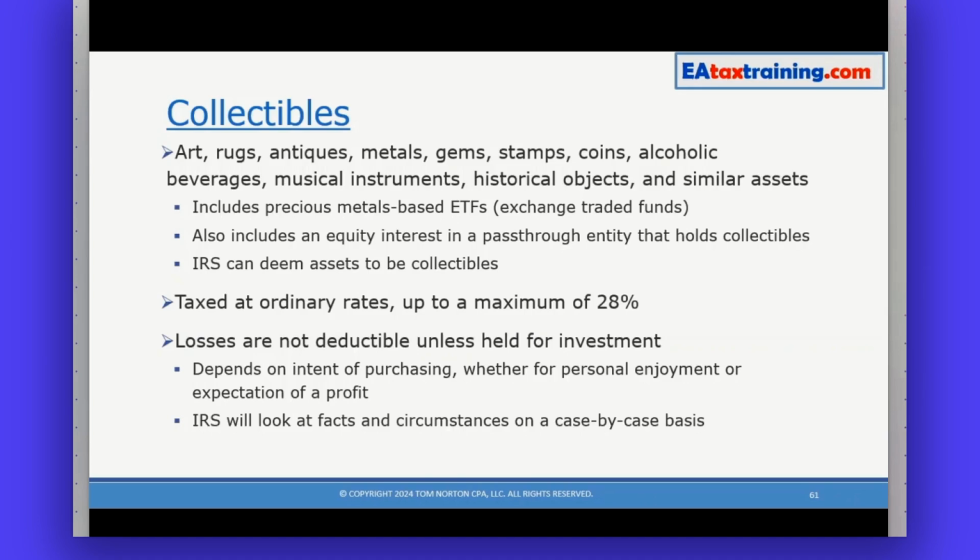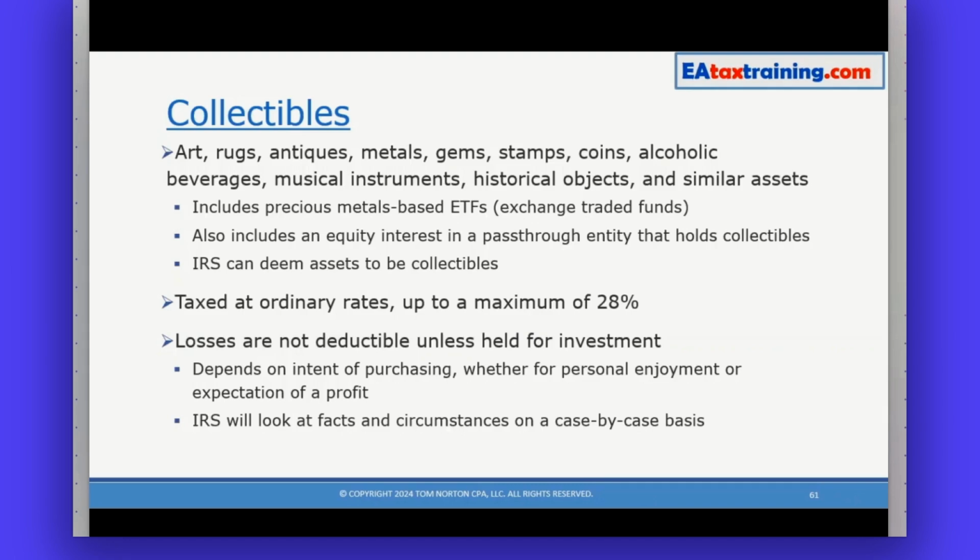So collectibles are taxed at ordinary rates, but the maximum is 28%. So even if you're in the 37% tax bracket, if you sell a collectible at a gain, you will only pay 28% tax on that gain.